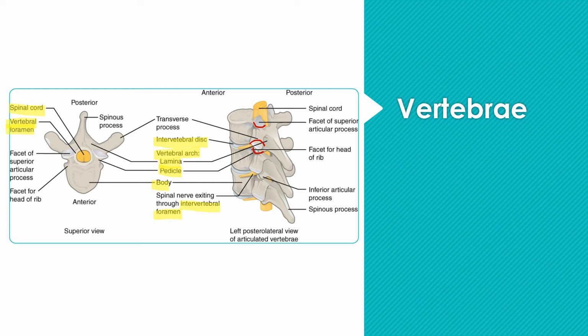And this intervertebral foramen allows the passage of a single spinal nerve carrying information to and from the spinal cord. We can't see it terribly well on this picture, but we can tell there's a little hole here where those pedicles are, a hole through the center where the spinal nerve can actually exit.